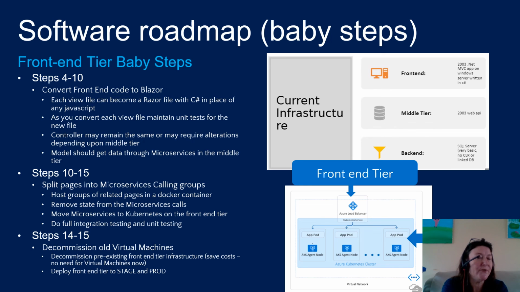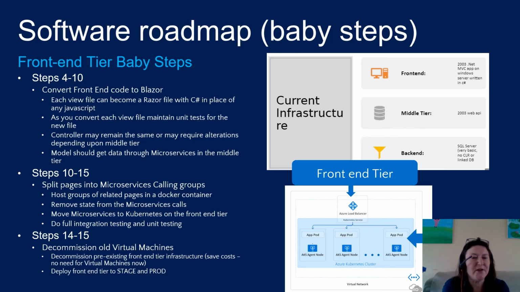So each view file that you had on your old environment at Contoso Bicycles, which might have been an old MVC app in ASP.NET and that kind of thing, and the front end might have been Razor JavaScript or something like that.